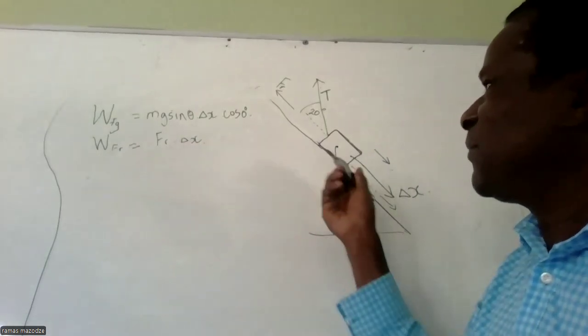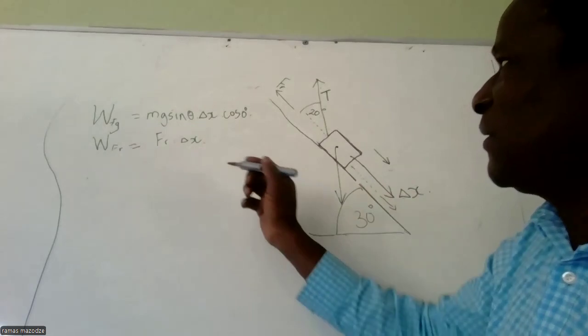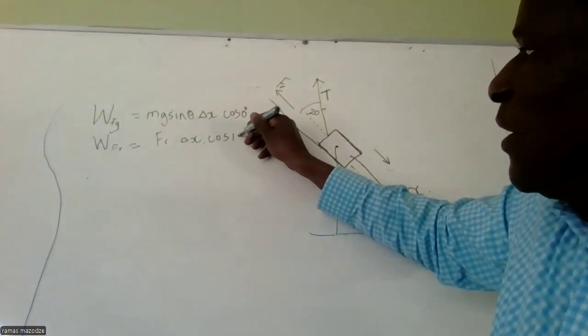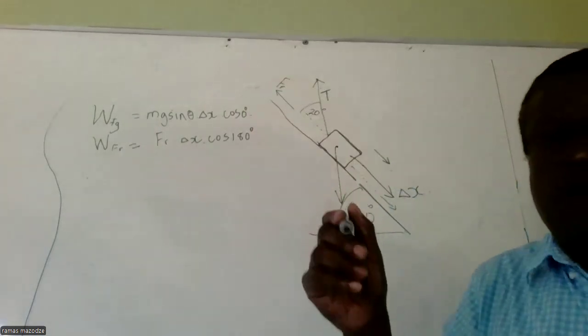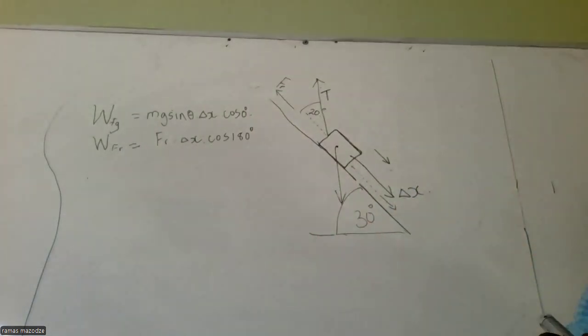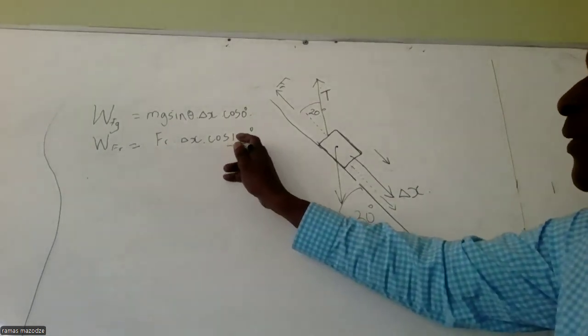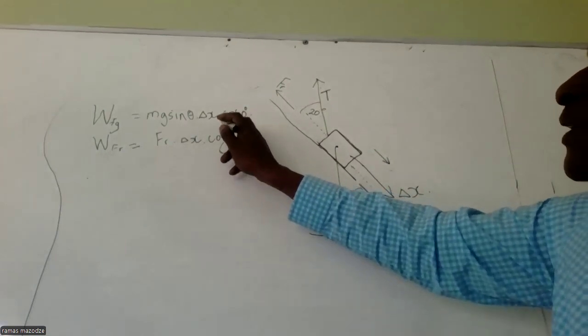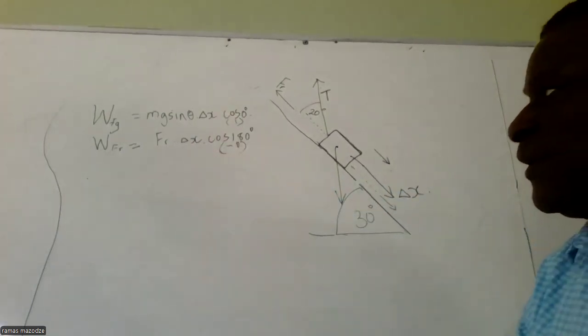What angle does the friction make with the direction of the displacement? Yes, correct. It will be times cos of 180 degrees. That will give you -1. When you calculate that, cos of 0 is 1, so that is positive, and this will be negative work.